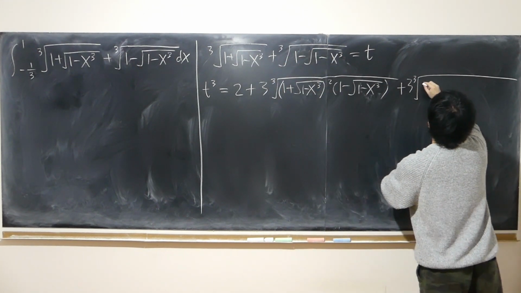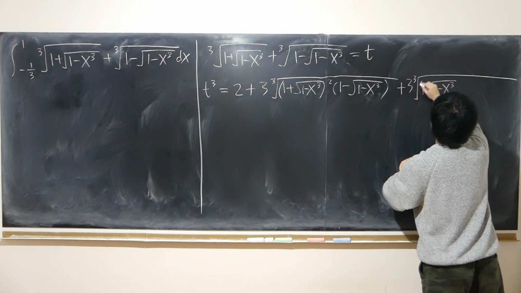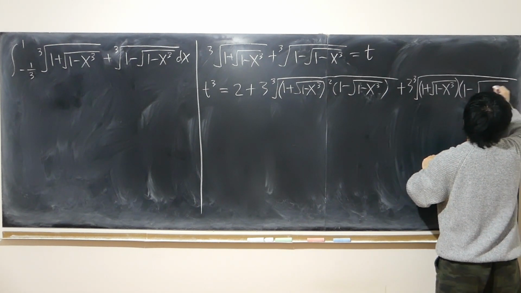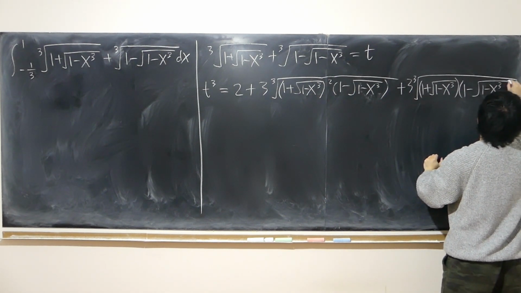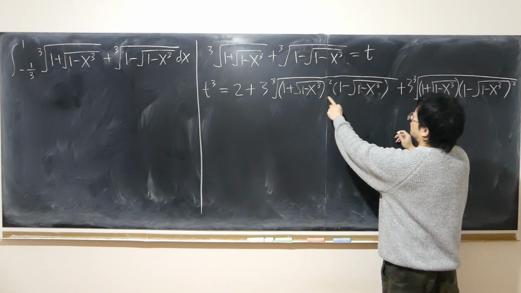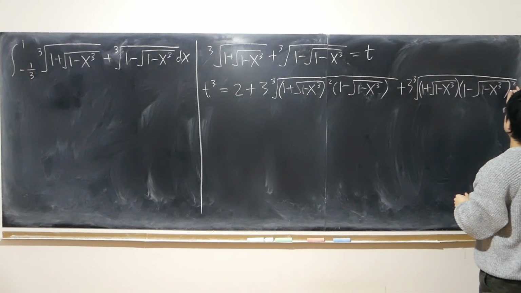So 1 plus times this square. That's the difference. The square goes into this one, and here the square goes into this one.